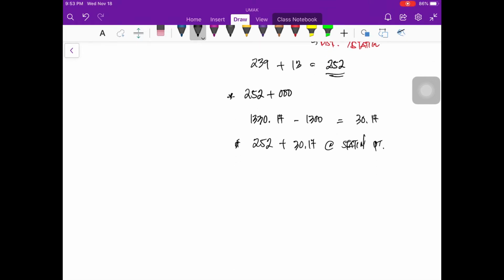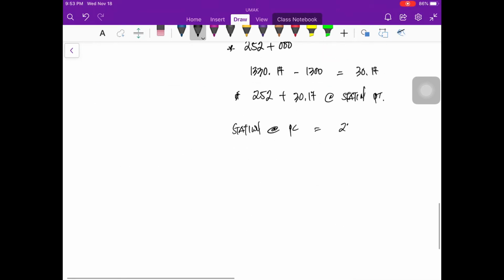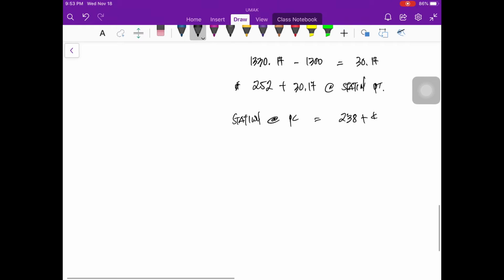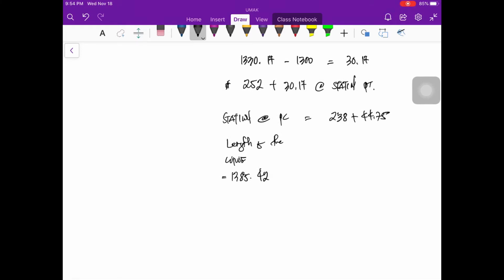Okay, just to lessen the complication of our thinking, all you have to do is this. You have station at PC equal to 238 plus 44.75. The length of the curve is 1385.42, meaning that's how many stations, divide by 100 feet, so that will be 13 stations.